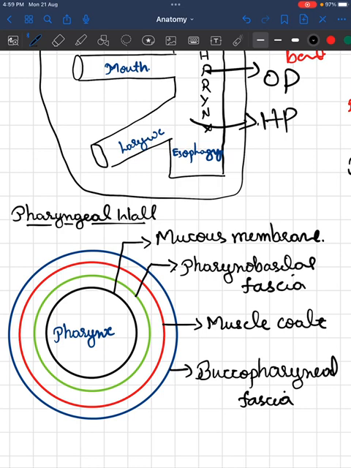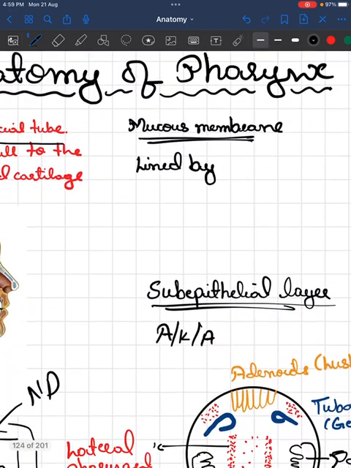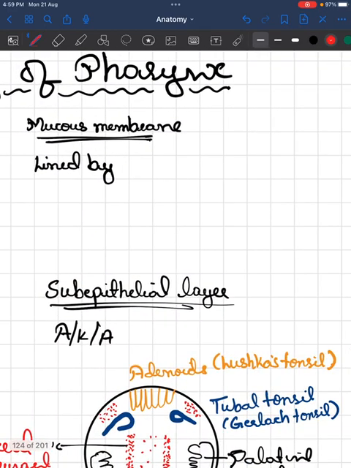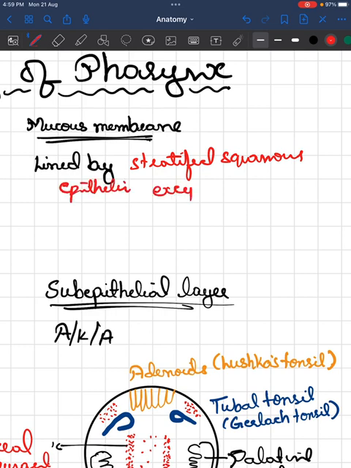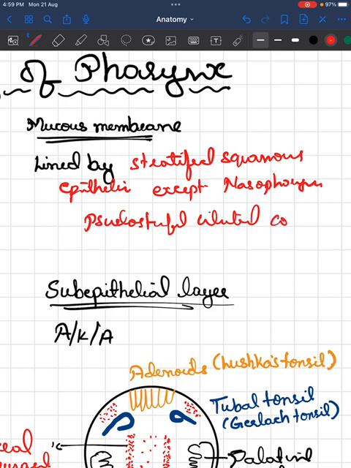It has a mucous membrane which is lined by stratified squamous epithelium, except the nasopharynx, which is lined by pseudostratified ciliated columnar epithelium.